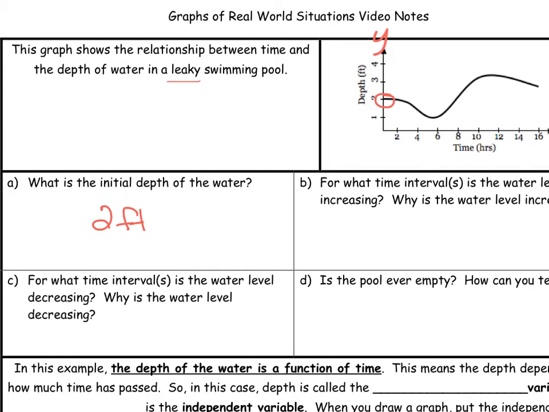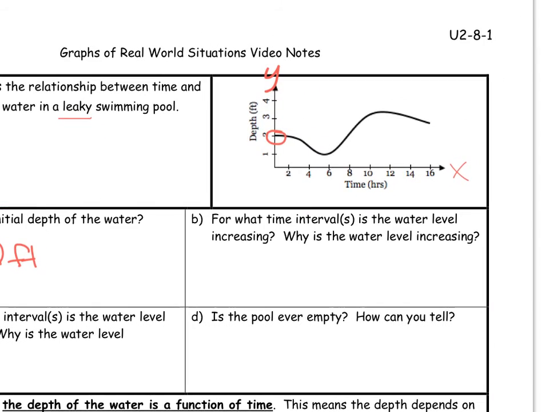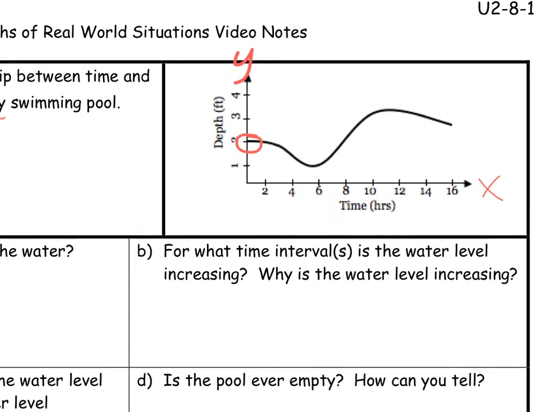So for what time intervals is the water level increasing? So we're going to take a look at this graph a little closer and look at the increasing interval. So I want to know, when is the graph increasing? If we look here, it's pretty steady.